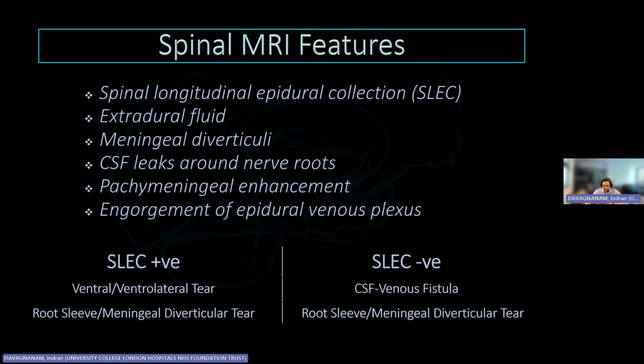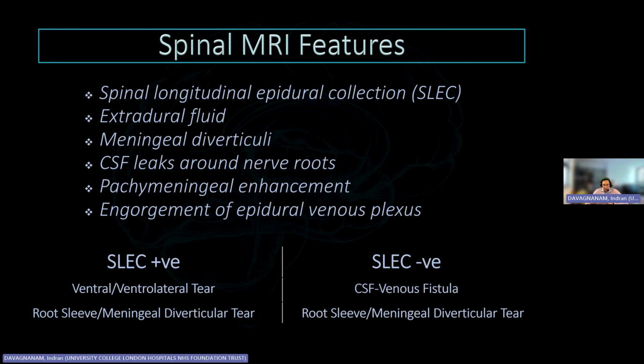So that would either downscore someone on the Bern score, or it may return to a completely normal looking scan. So we find that spine imaging is particularly helpful if you have, for example, a very large longitudinally extensive CSF collection. So looking for collections within the spine is critical in terms of the overall assessment.